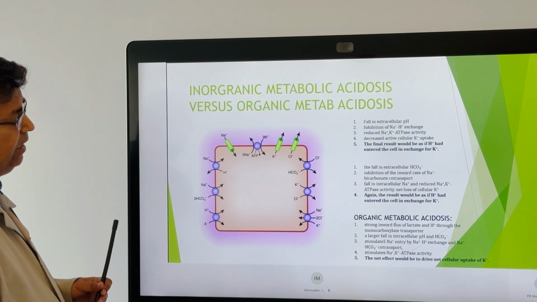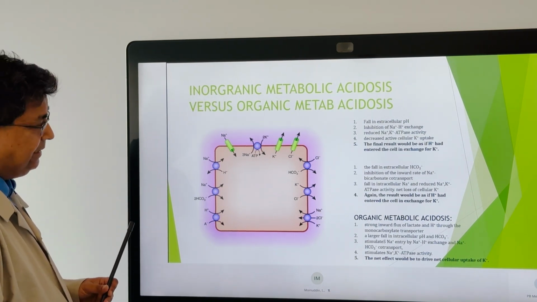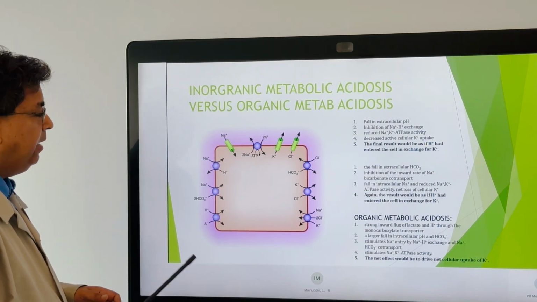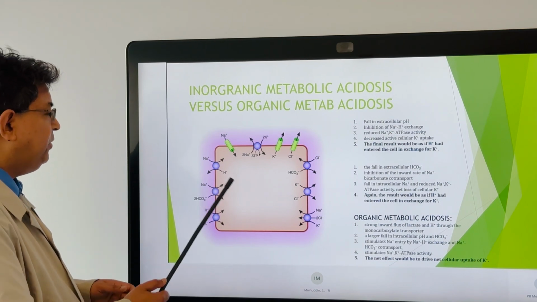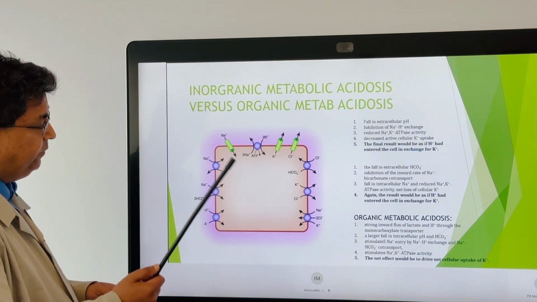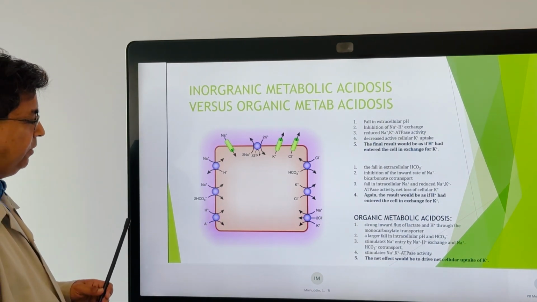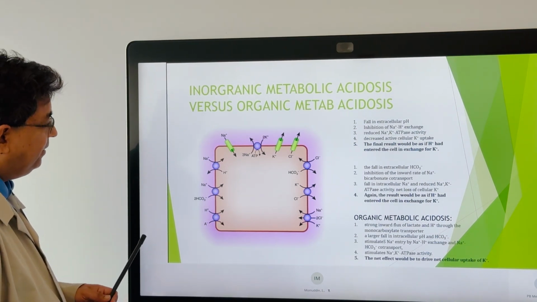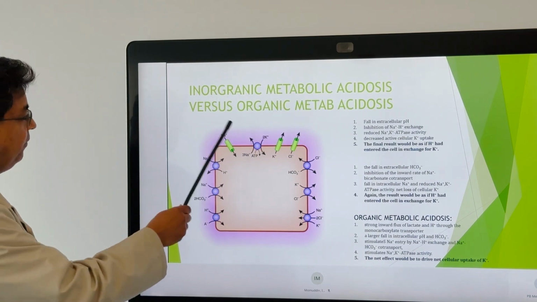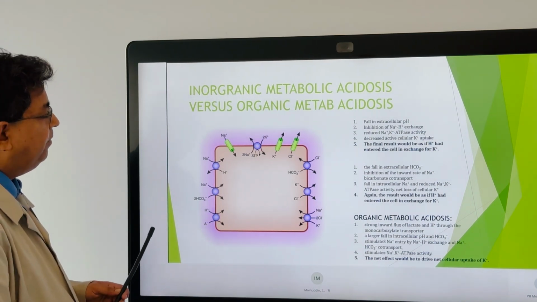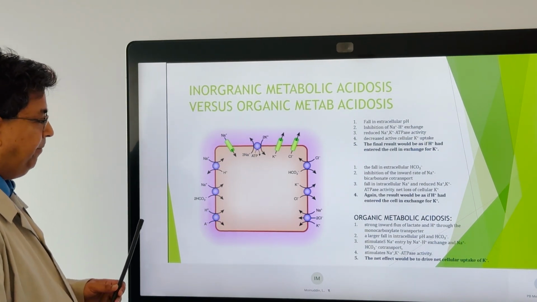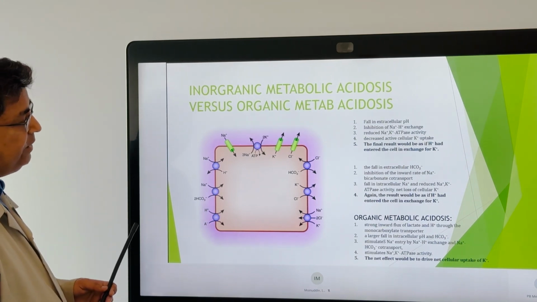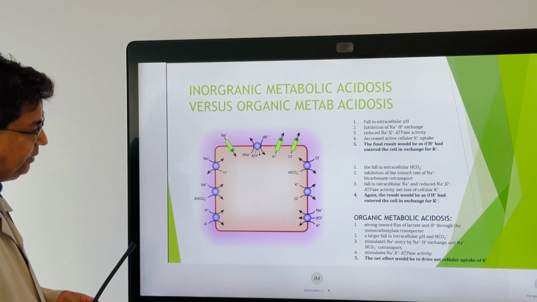So essentially, what we're taught is that protons move into the cell and potassium moves into the extracellular compartment. Of course, the details of that include several transporters, but the ultimate result is the same, as if protons had entered the cell in exchange for potassium.